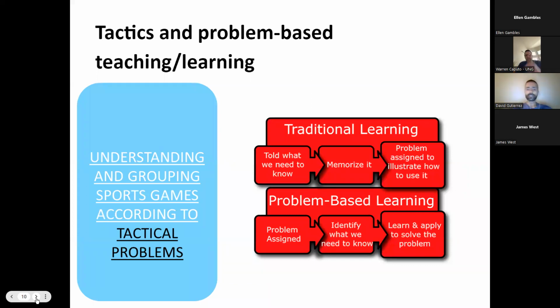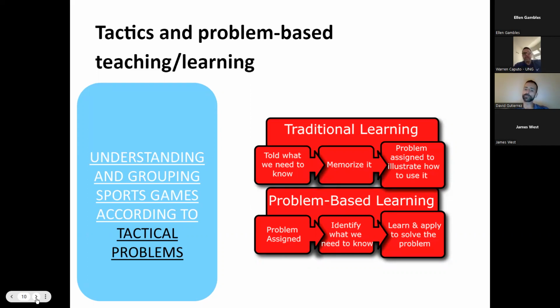We can draw a parallel between traditional learning, with traditional coaching and teaching games or the technical approach, and problem-based learning with the game-based approach. In traditional learning, the player or learner is told what they need to know and memorize, which in sport means practicing it, and then going to the real problem.